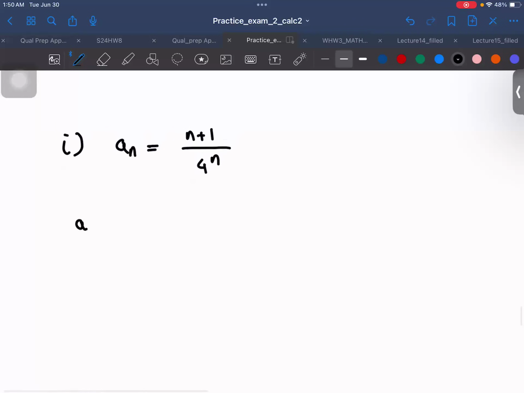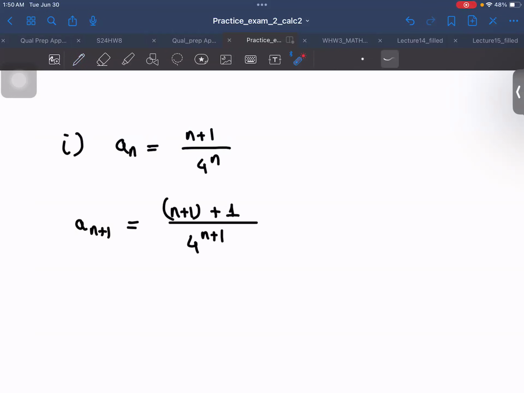That means the element at the n plus 1 index should be given by (n plus 2) divided by 4 to the n plus 1. This is the rule of your sequence. At the n position, you plug in n to find the element at the n index position. For the element at the n plus 1 position, you replace n by n plus 1.